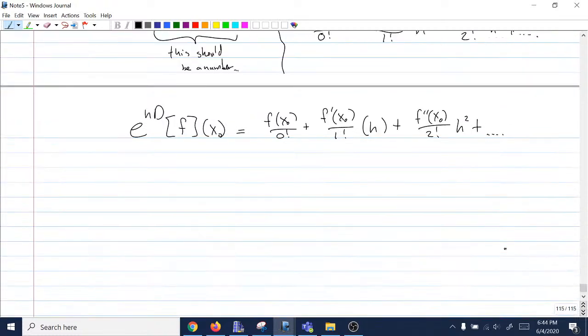If I want to make this all the way into the regular old Taylor series, I want to replace h with x minus x naught. I want to change h into x minus x naught on both sides.